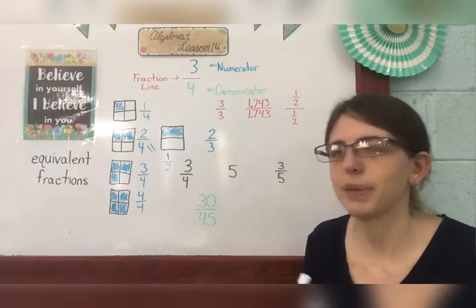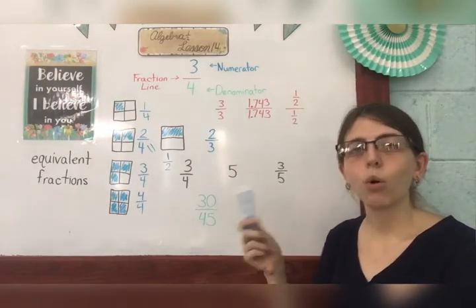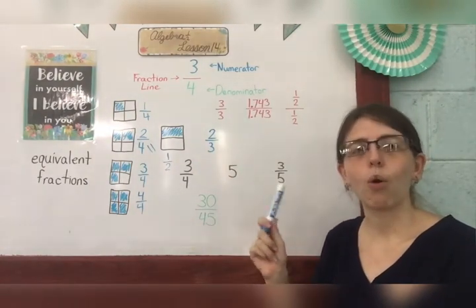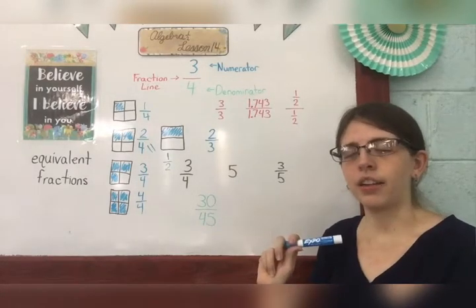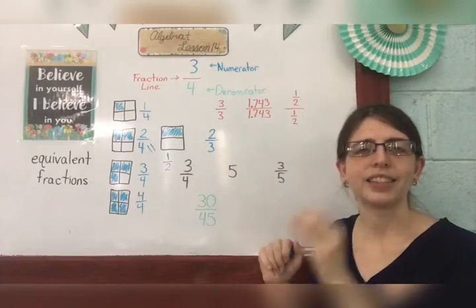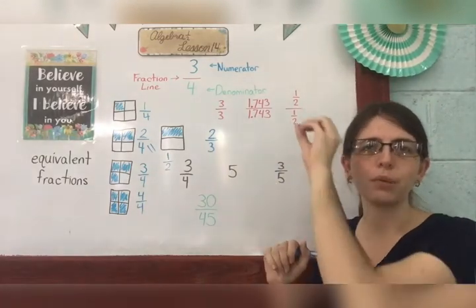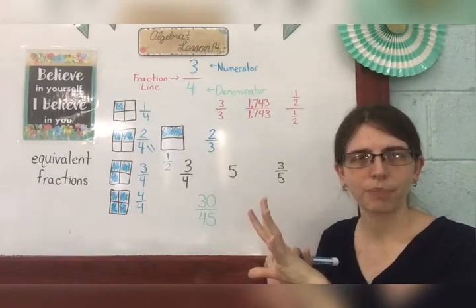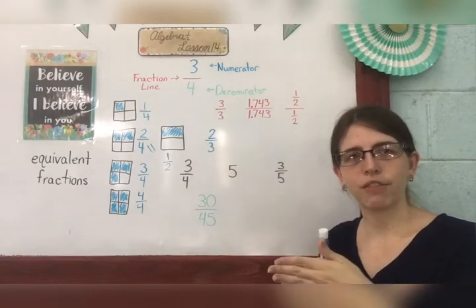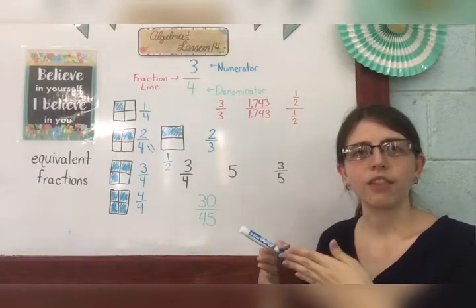We're going to come back to this idea in just a second, but I want you to look at something up here. If I multiply or divide a number by a fraction that has the same numerator as denominator, so the same number in the numerator as in the denominator, I can change the name of my fraction without changing the value.